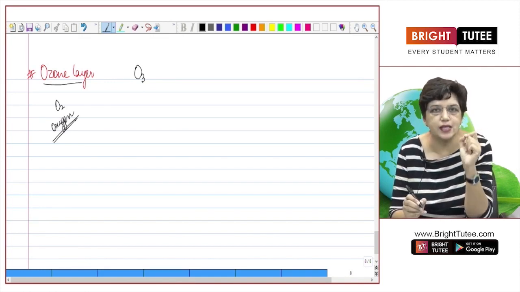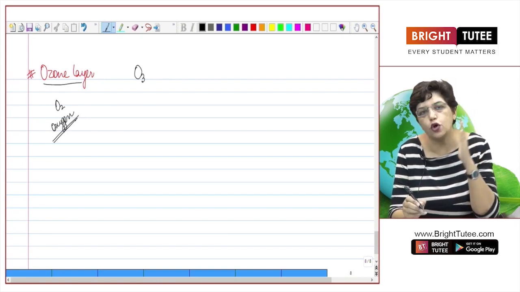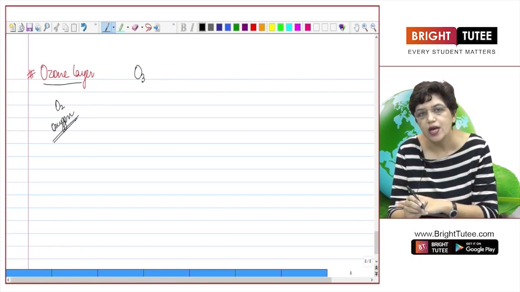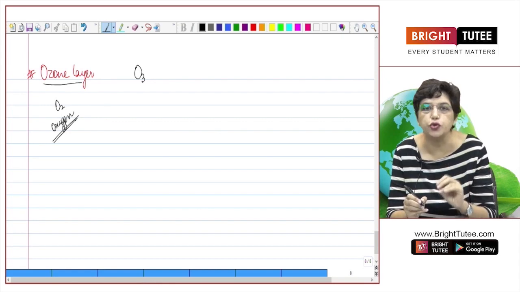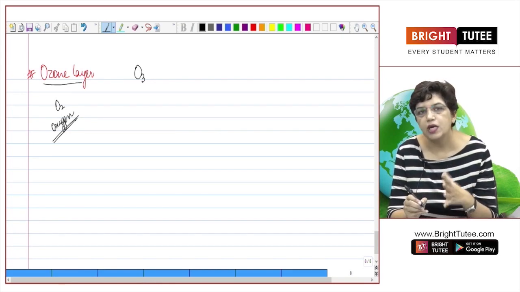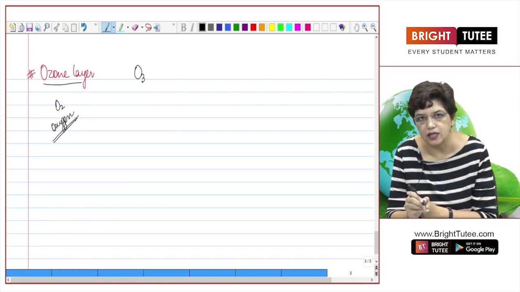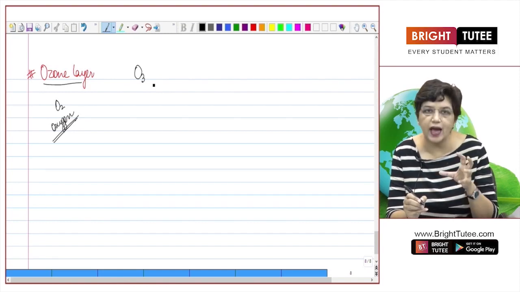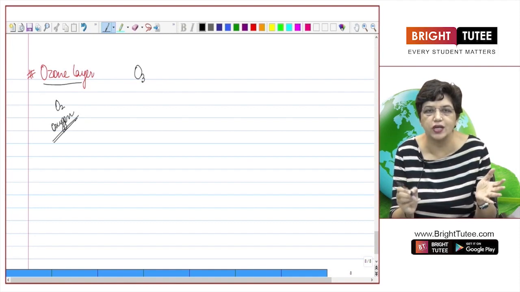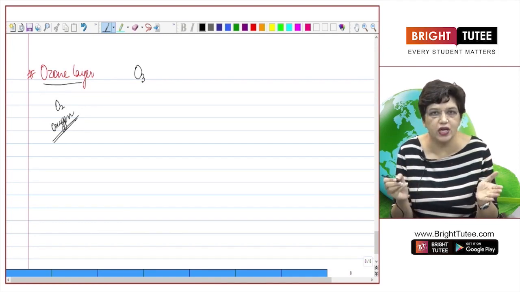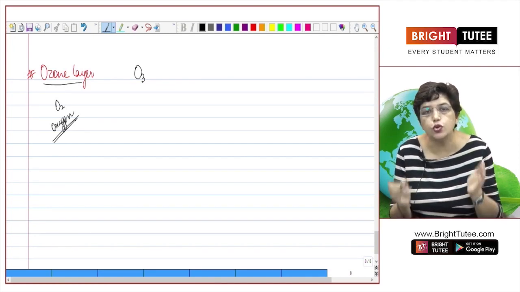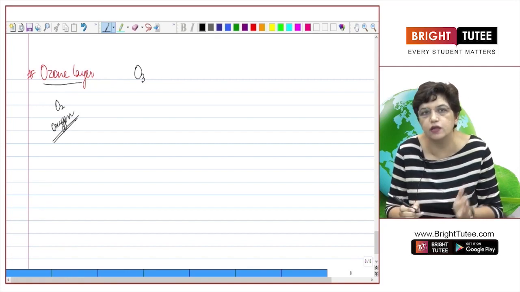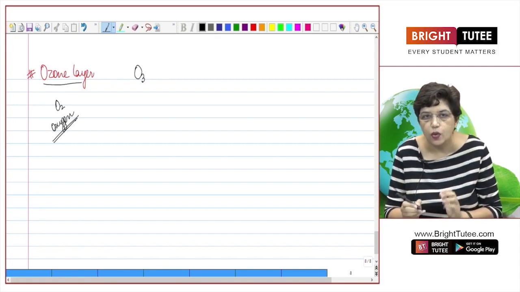Now, why is it important? When the rays of the sun reach the atmosphere, there are harmful high energy UV rays which can harm human beings and even the plants. So the ozone layer absorbs the high energy UV rays and dissipates them into heat energy. So basically it protects the earth from harmful UV rays. What happens?